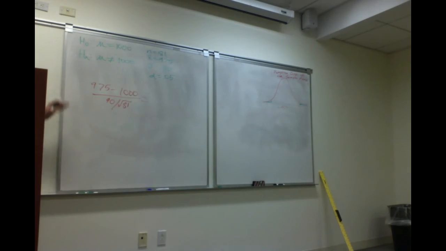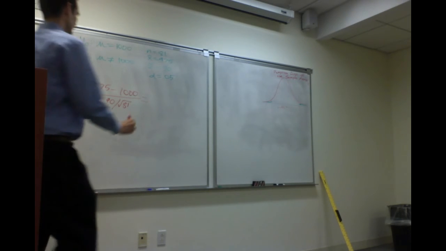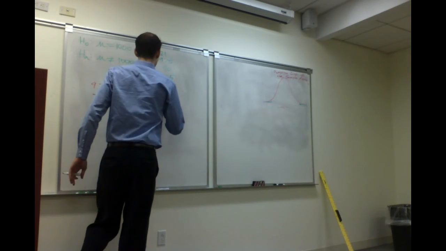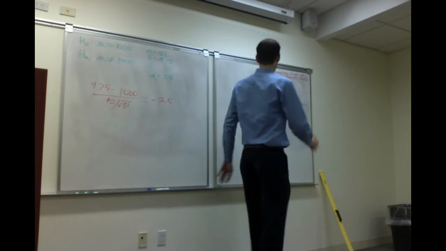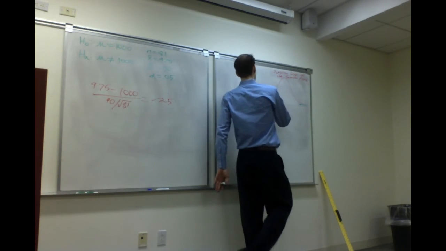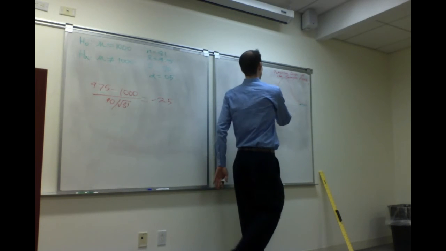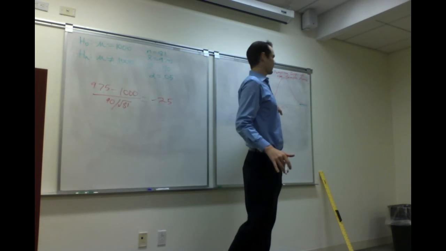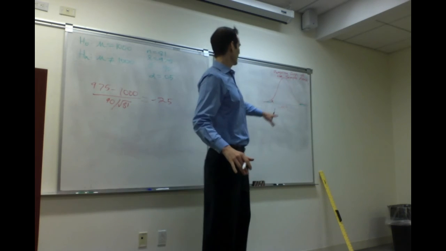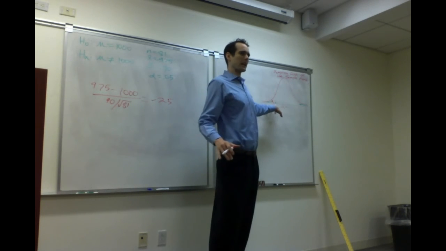All right, what do we get when we crank that out? Negative 2.5. Okay, now we're looking at a z-score somewhere in here. We don't know quite yet if it's in the critical region because we haven't really discussed that, but we know it's fairly extremely negative.